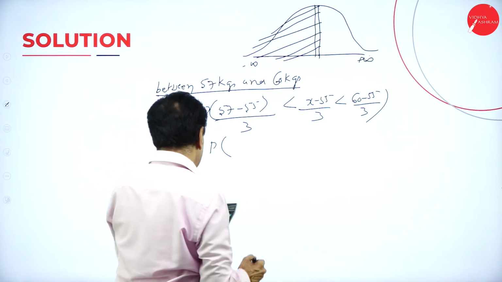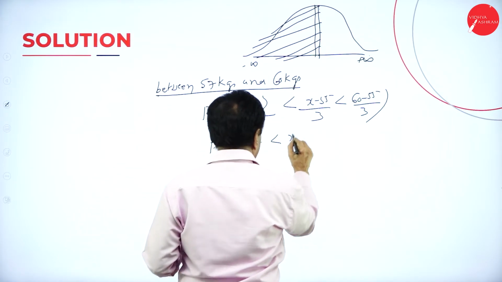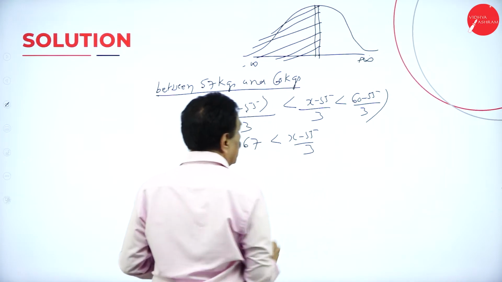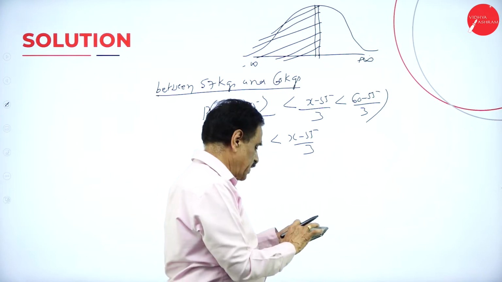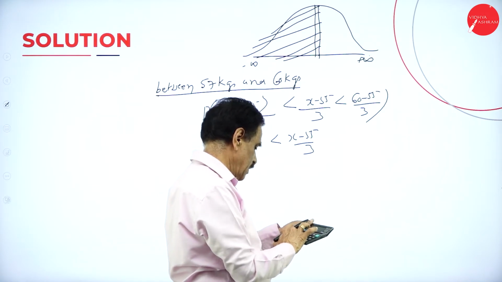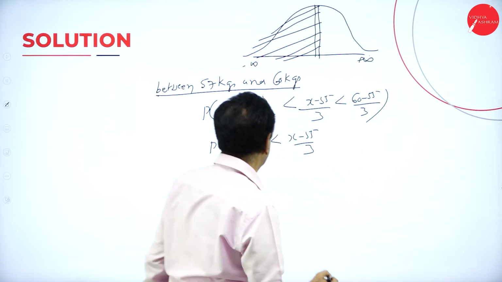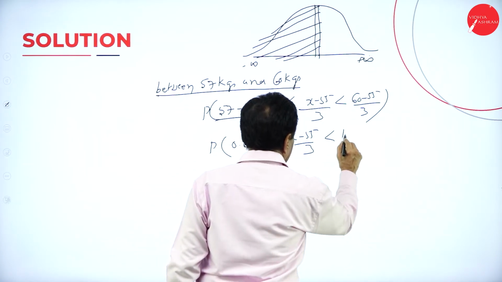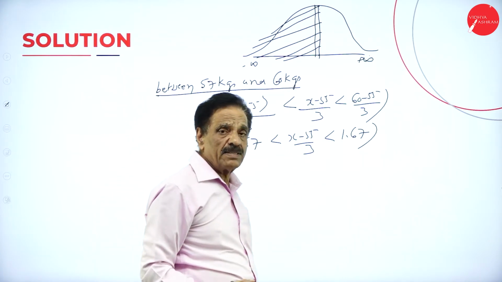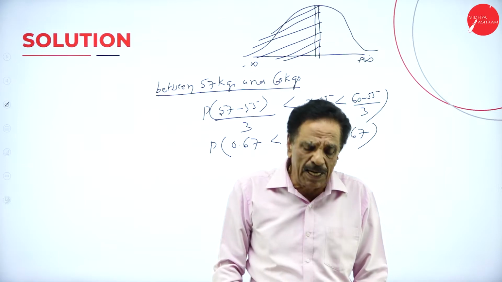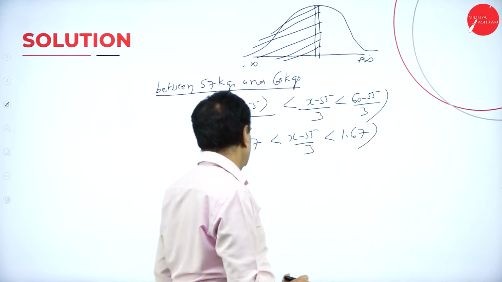0.67 less than x minus 55 divided by 3. 60 minus 55 is 5, 5 divided by 3 is 1.67. This is 0.67 less than x minus 55 divided by 3, less than 1.67. So you have to find out the value. What's the value for this one?